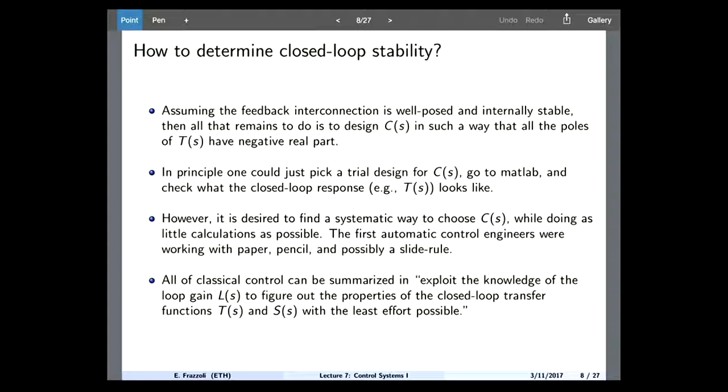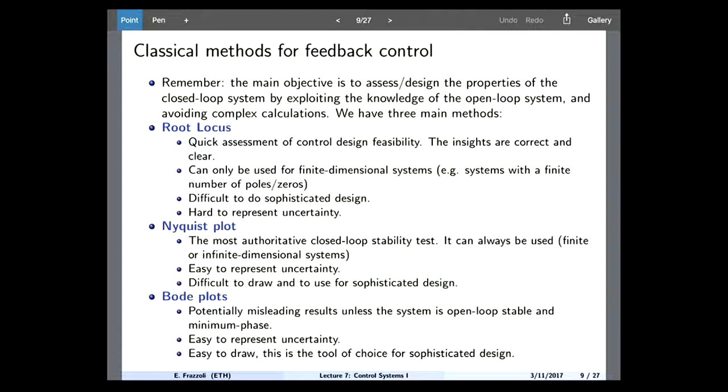These are techniques that were invented in the 40s, 50s. They didn't have computers, or if they had computers, they were as big as this room, right? They were very expensive to run, right? So they were doing a lot of calculations just by hand, using paper and pencil, maybe some slide rules and things like that, okay? And this is exactly what we are doing in the remainder of the class.